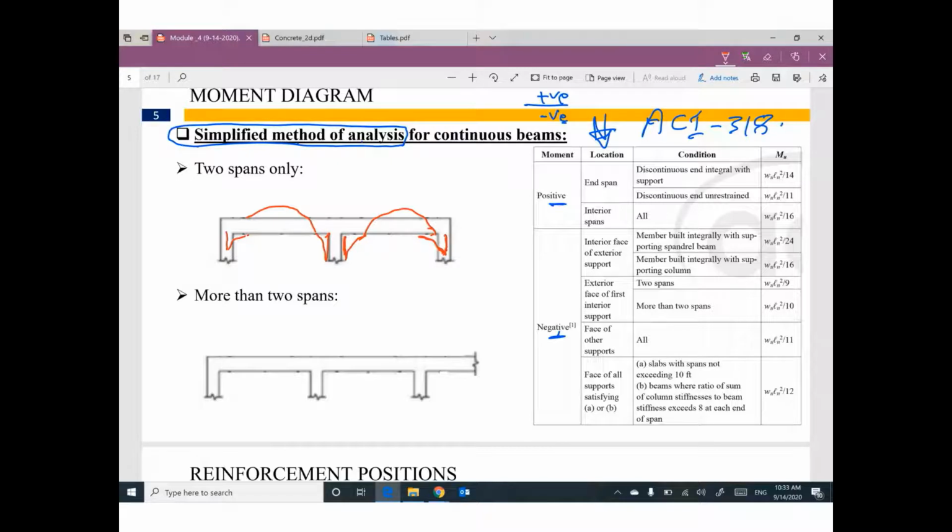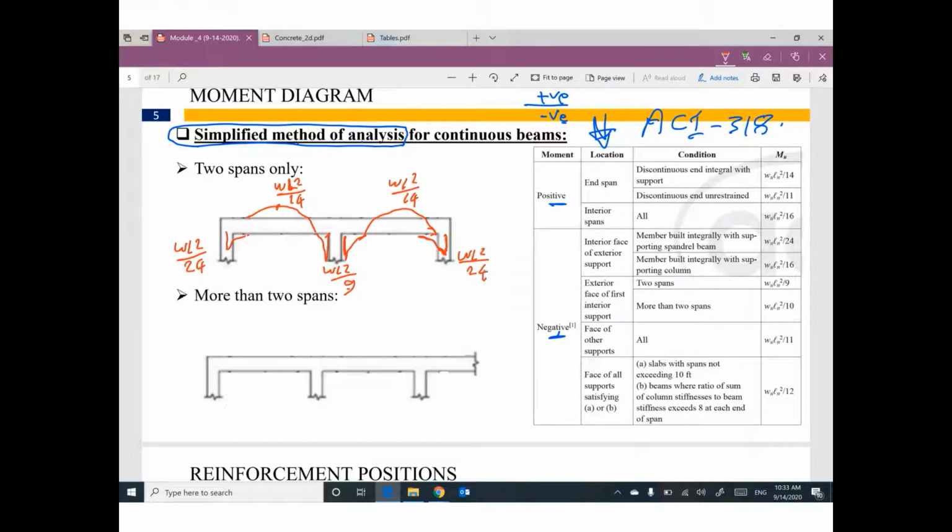This value based on this table will be WL square divided by 24. This one will be WL square divided by 14. This one will be the same, WL square divided by 14. This one will be WL square divided by 9. This one will be WL square divided by 24.